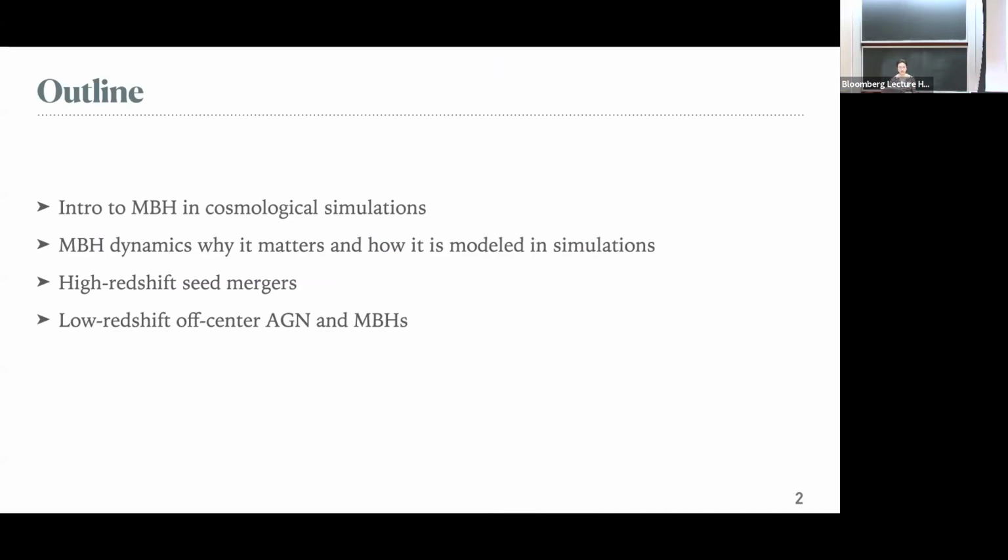And then I'll talk about two main things related to the dynamics of massive black holes. The first one is the seed black hole mergers, because that's a promising probe to the massive black hole seeding mechanism. And then I will also talk about the off-center AGN and massive black hole population we see in the simulations.